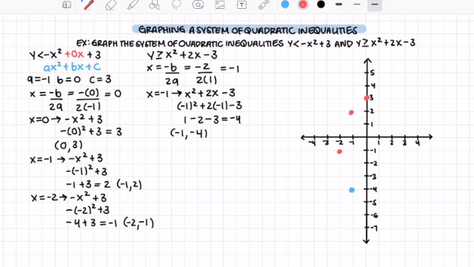And then I just need one more value. I'll choose x equaling -3. When I do that for -x squared plus 3, I get -3 squared plus 3, which is -9 plus 3, that equals -6.